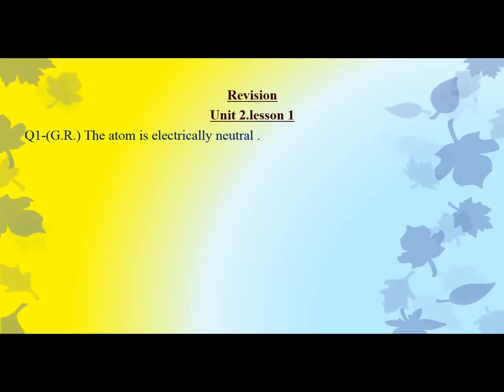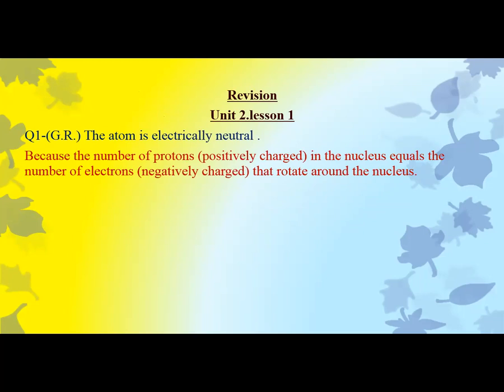So if the number of negative electrons equals the number of positive protons, the atom will be electrically neutral. There is nothing more than the other: not the positive more than the negative, nor the negative more than the positive. So the answer: because the number of protons, which are positively charged in the nucleus, equals the number of electrons, which are negatively charged and rotate around the nucleus.